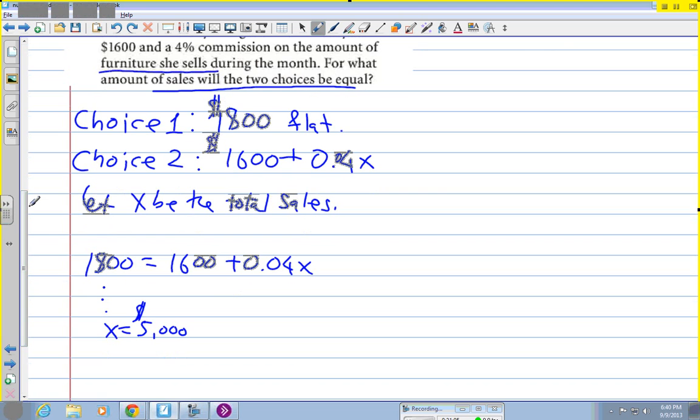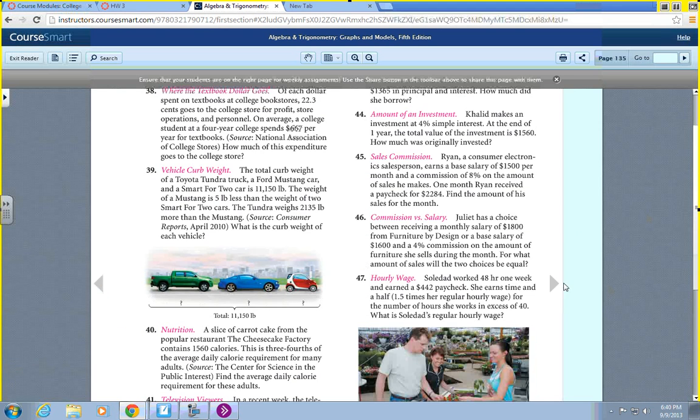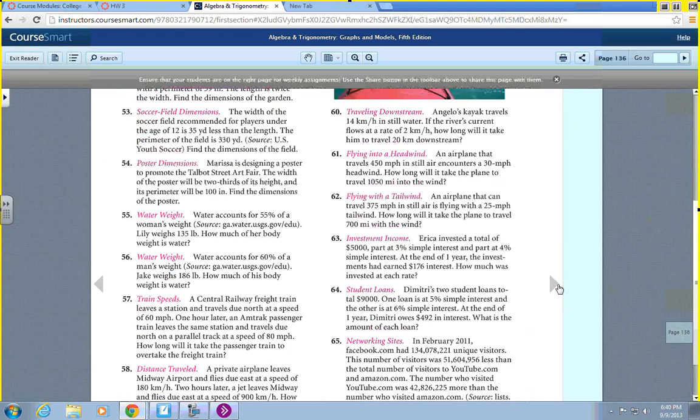Let's try another one. Now, the other one will be with interest. That will be question 64 in your book. So we go find that one. So here we go.